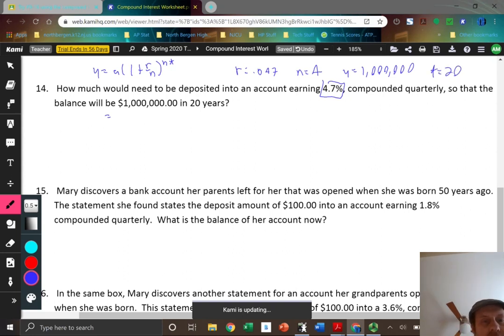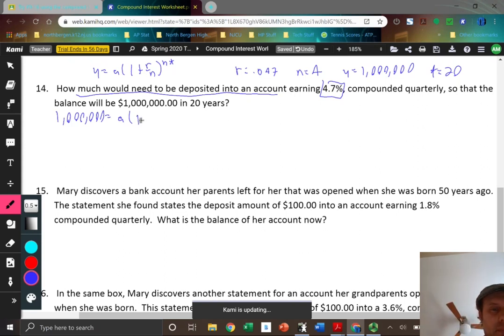So let's fill it all in and see if we can solve for this. Y is 1 million, equals A, which we don't know. It says how much needs to be deposited, so A is unknown in this case. In the other formula they call that P, but it's the same thing, the initial amount.